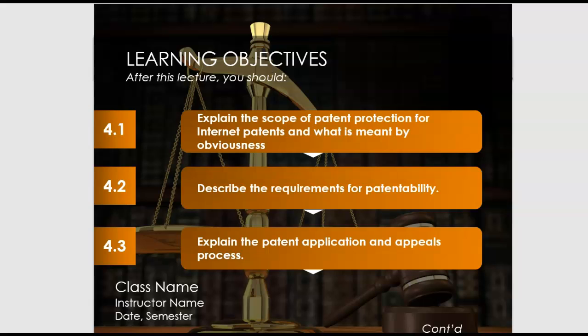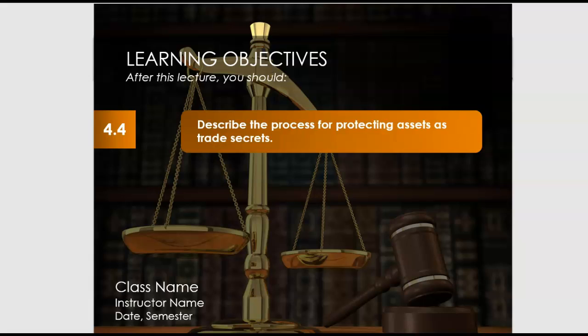So we're gonna discuss the scope of patent protection and also understand the requirements to patent a product, or to have a product patented, and then look briefly at the patent application process, and we'll end by looking at one international treaty for patents, and then look at trade secrets, so how they are protected.